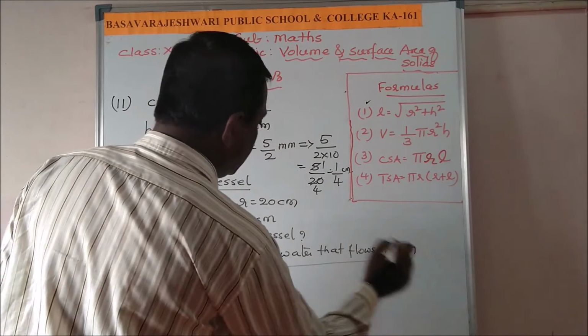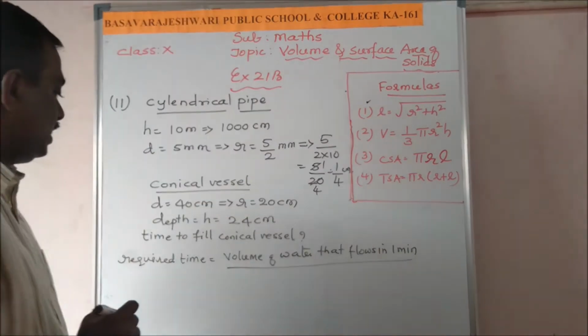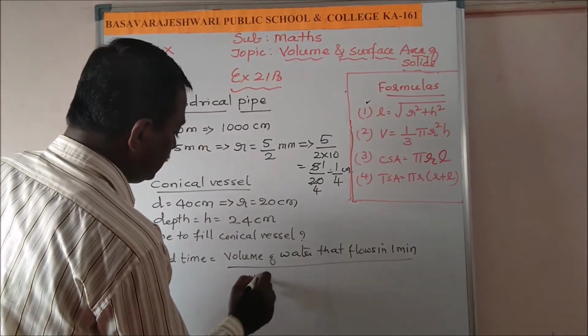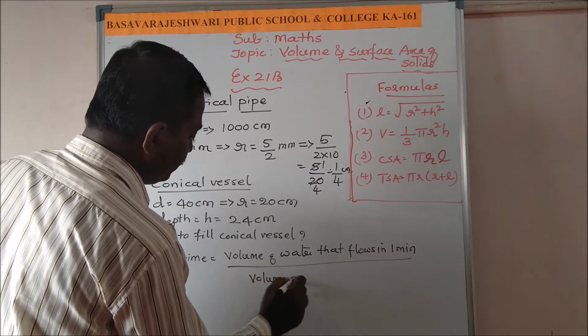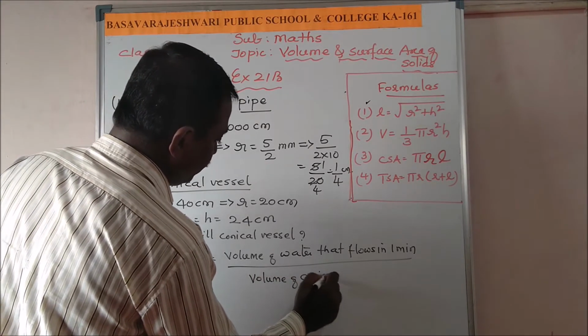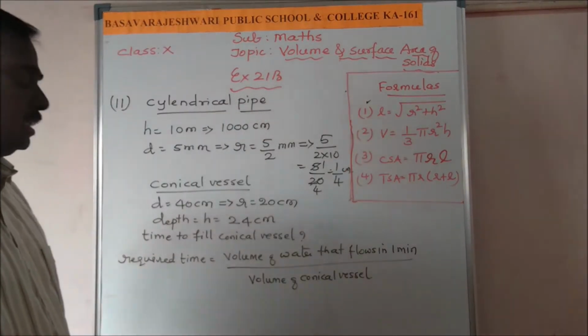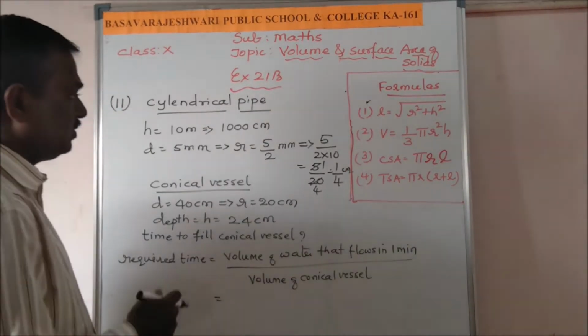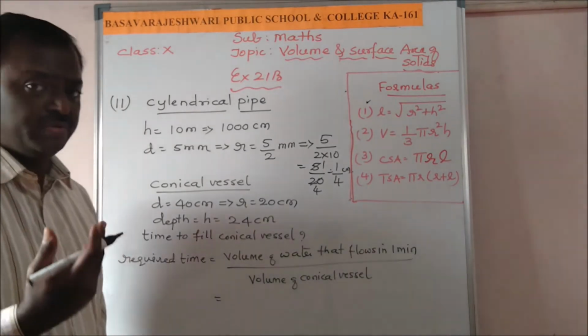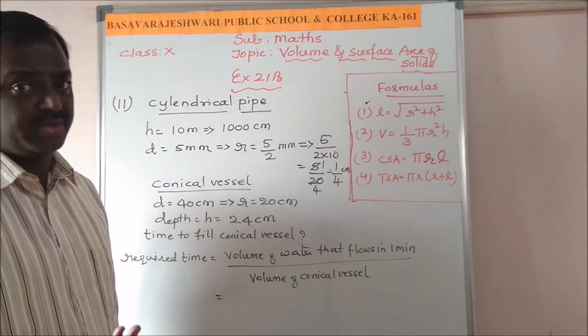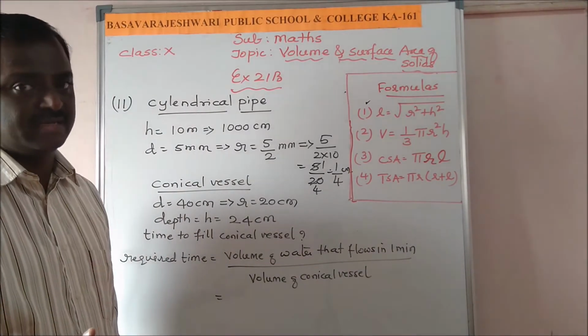The volume of the water that flows in 1 minute is nothing but the volume of a cylinder, because the water is flowing through the cylinder.